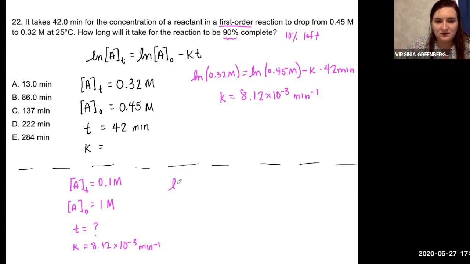And then we can plug that information into our integrated rate law. And it's nice in a first order reaction, you can go ahead and pick whatever initial concentration you want, which is, I picked 1 molar just for simplicity. If it were second order, we would have to use the actual values given.